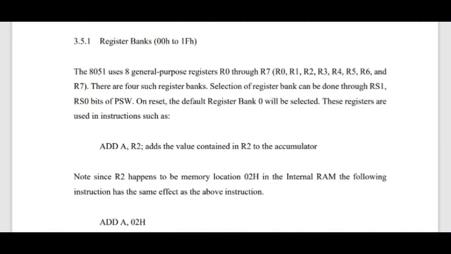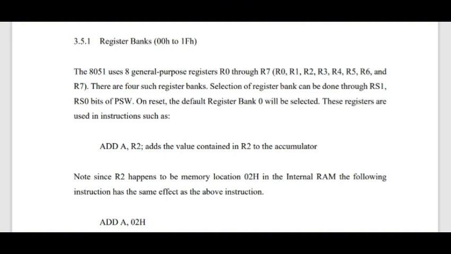Selection of register banks can be done through RS1, RS0 bits of PSW. So we give each set of furniture a name like R0, R1, R2, R3, R4, R5, R6, and R7.